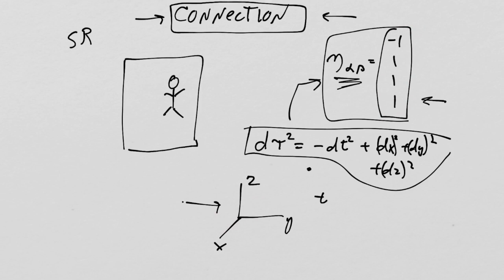But if you change to spherical coordinates, and we'll see later when we do this example in this lesson, this metric is actually now a function of space-time. And yet, the space is still entirely flat.